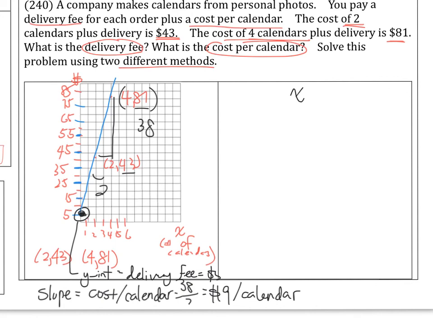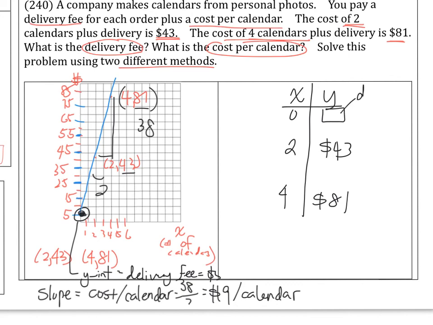So you know that the cost of 2 calendars will cost you $43, and for 4 calendars, $81. So you can assume that when you don't have any delivered, this would be the delivery fee.